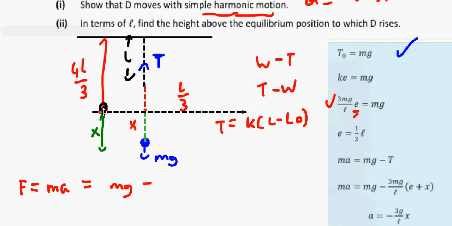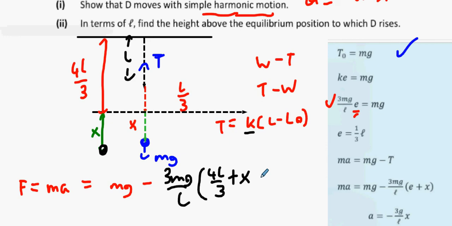And then the extra distance x gets you from there to there, correct? So what we're going to say is that it's 3mg over L for the k value. Its current length is 4L over 3 plus x. Take away its starting value, which is minus L. Is that cool, you guys? And you'll just get L over 3 plus x, which we already knew.